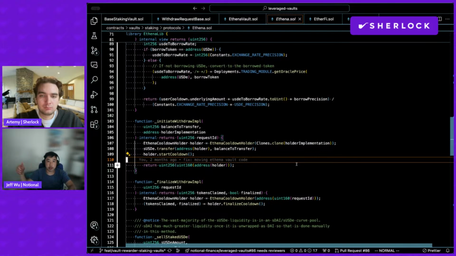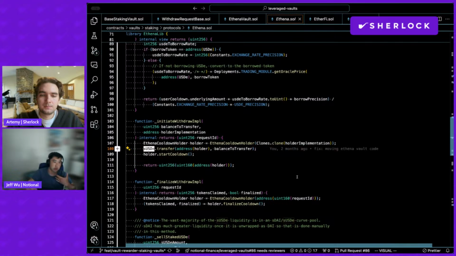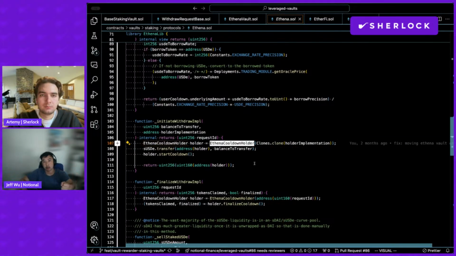When you do that withdraw, there's a cooldown timestamp that's set once per address. So we don't want to lock out the entire vault from initiating additional cooldowns. So what we're going to do here is transfer the portion of SUSDE that this particular account has to this holder contract.